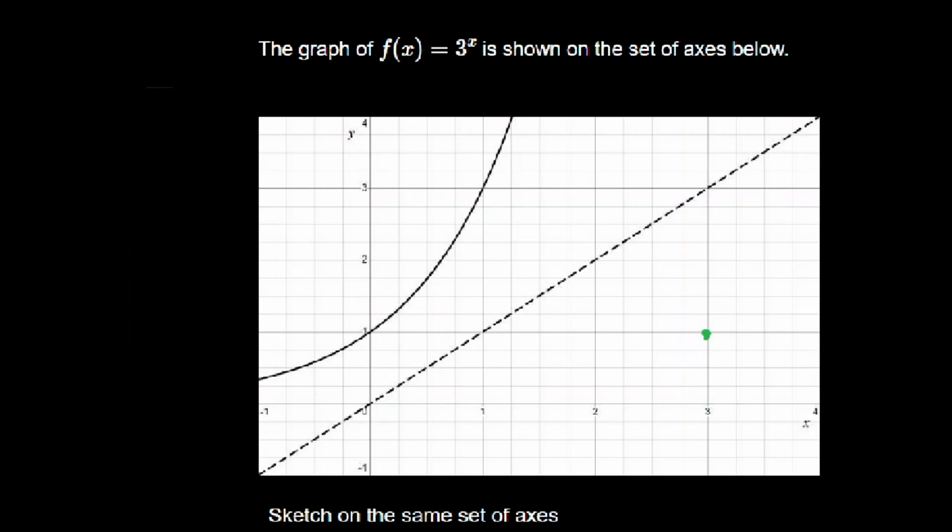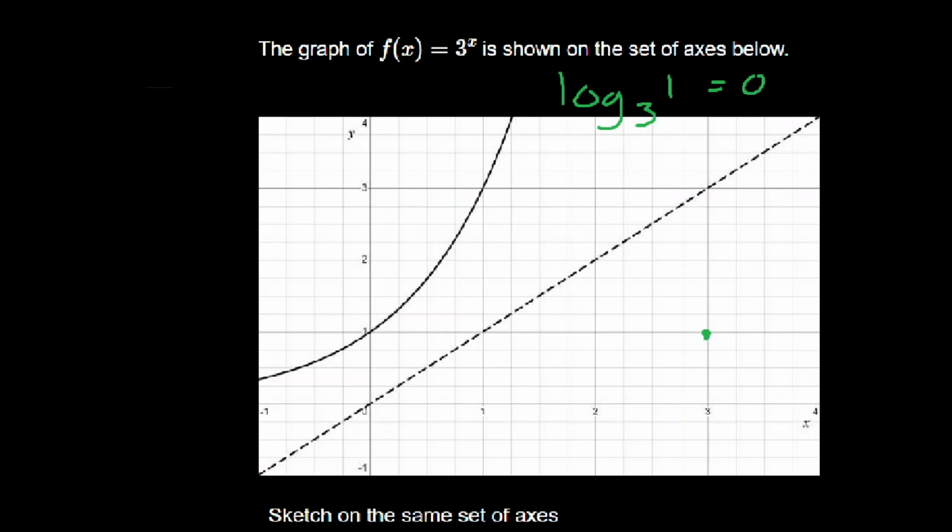Now, what happens here? Well, if we have anything to the power of 0, so I guess 3 to the power of 0, that's also equal to 1. So what we can say is that when log base 3, when the x is equal to 1, that gives us the 0.